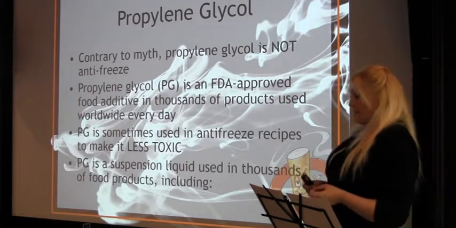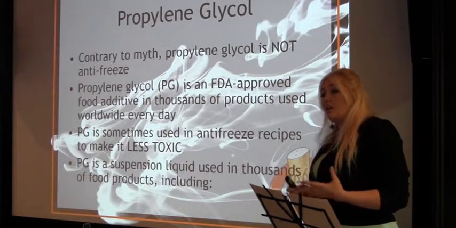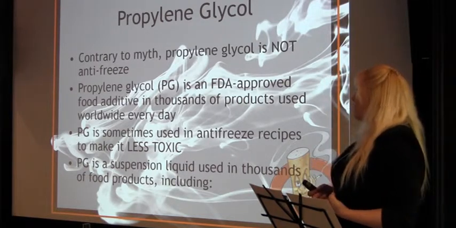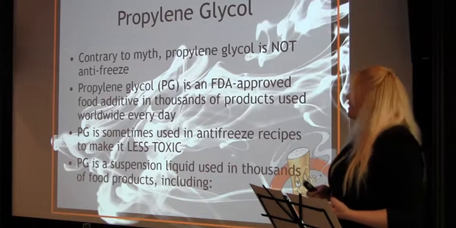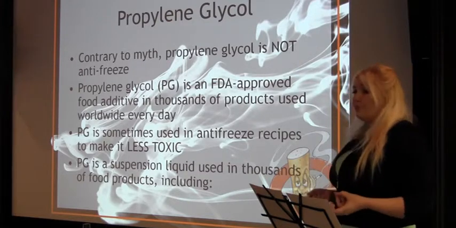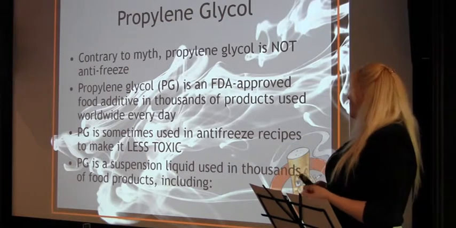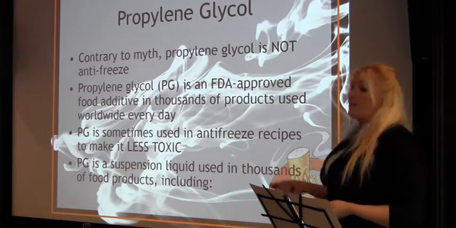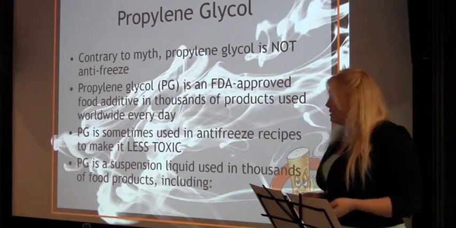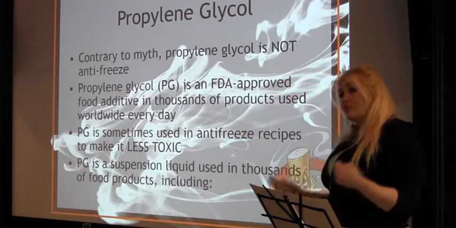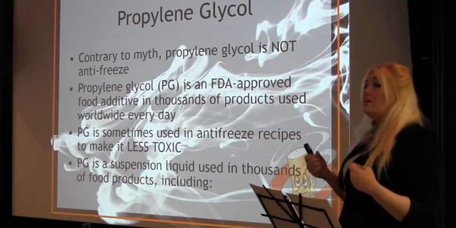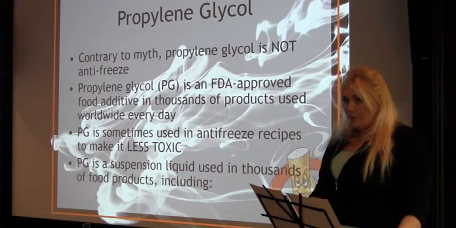Propylene glycol has a lot of myths attached to it. A lot of people think that it's antifreeze, but it's not antifreeze. Propylene glycol is an FDA-approved food additive that's in thousands of products that Americans use every single day. It is sometimes put into antifreeze to make it less toxic. So if there's a spill, your pets won't die, or if your kids get into it, they probably won't die.